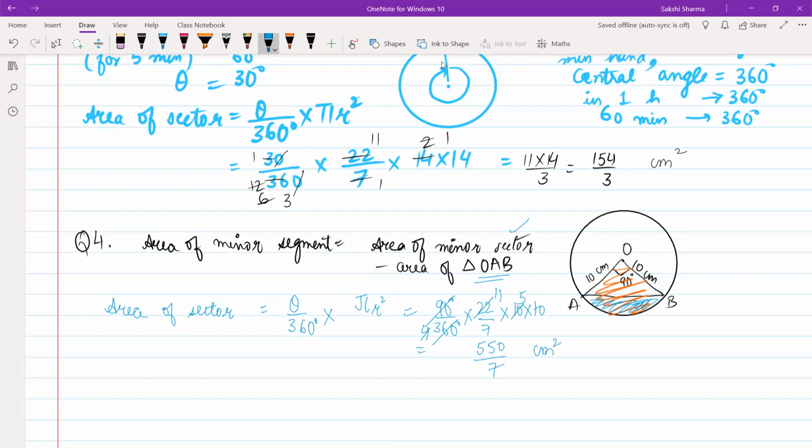So this is the area which I have shaded in orange. And now I'm going to find out the area of triangle OAB. The area of triangle OAB, now if you can recall, there was a note that we had written yesterday. To find out the area of a triangle, there are two ways you can do this in a shortcut way. If the central angle is 90 degrees, the triangle here becomes a right triangle. So you have a right triangle and the area can be calculated using the formula half base into height.